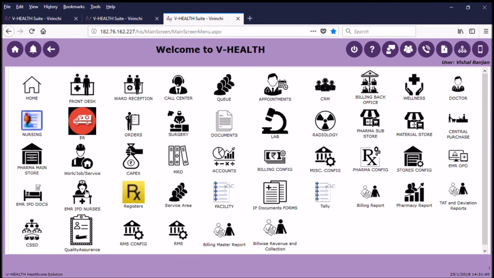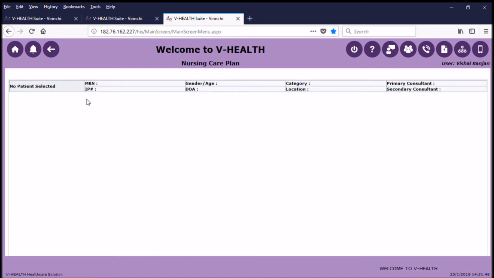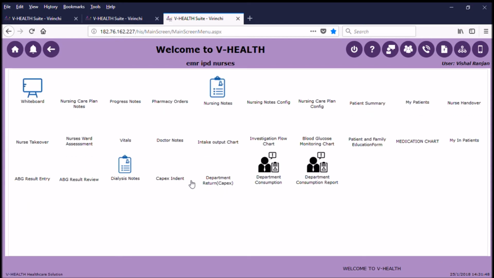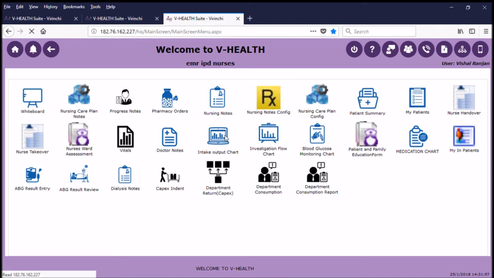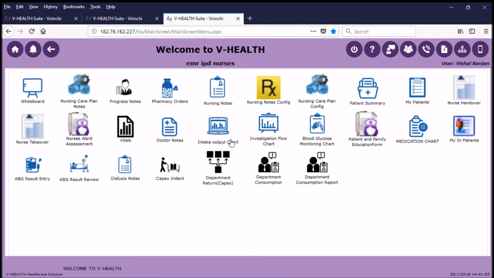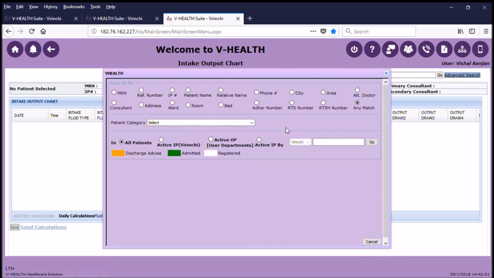In addition, the nurses use the same single EMR to configure their nursing care plans, to derive the list of orders that they have to put together, a huge amount of checklists, vitals, input-output charts. The input-output charts are specific for wards, critical care, emergency, and operation theaters.